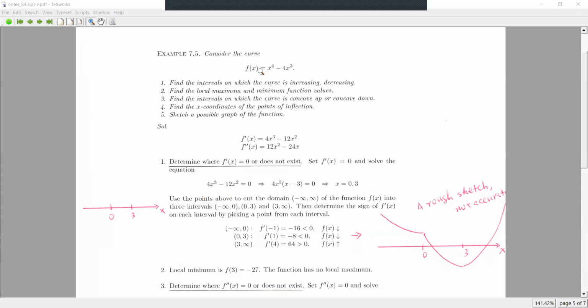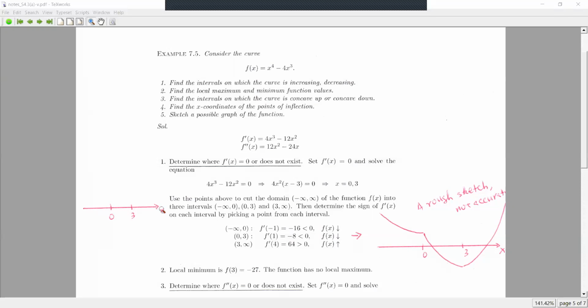of the function. Why cut the domain of the function? Because outside the domain, the function has no graph, so we don't need to consider points outside the domain. The domain of a polynomial is any number from negative infinity to positive infinity. So I draw a number line.